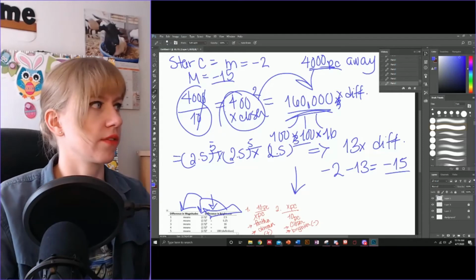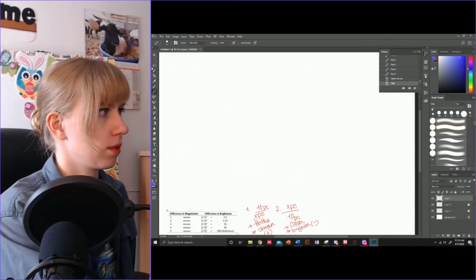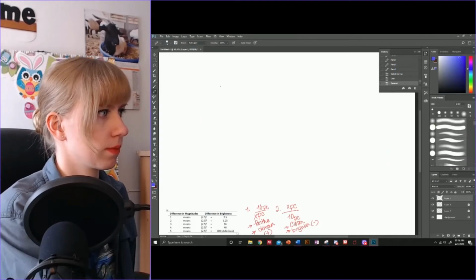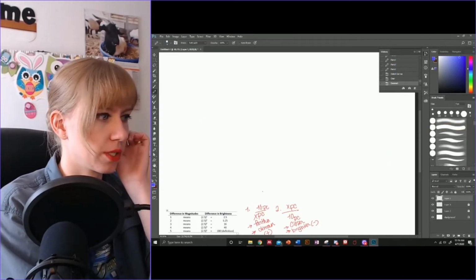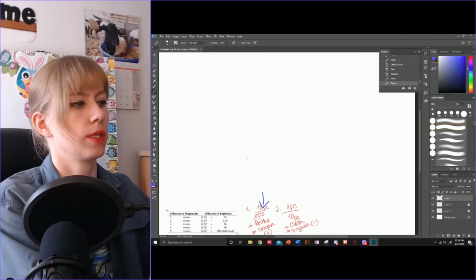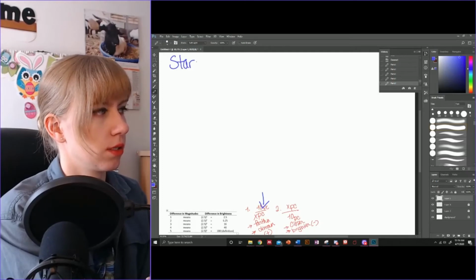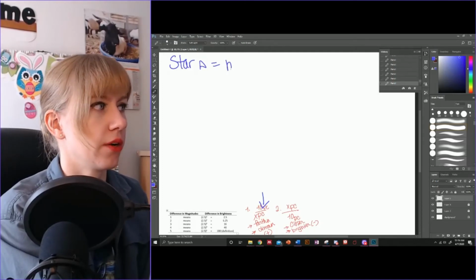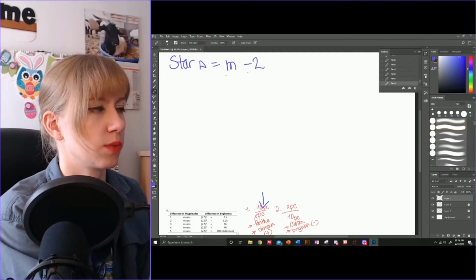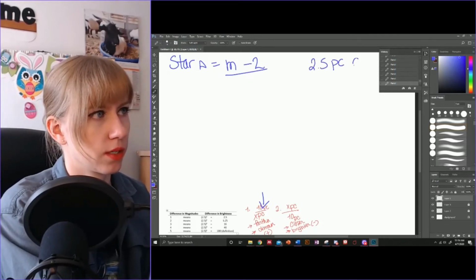So now let's try and give it a go for going farther away. Okay, so now we're going to try going farther. So we're going to be using option 1, because we have to push it away, which means it's going to become dimmer, so we're going to have to add. Alright, so star A has an apparent magnitude of -2. It seems very bright, but it is 2.5 parsecs away.